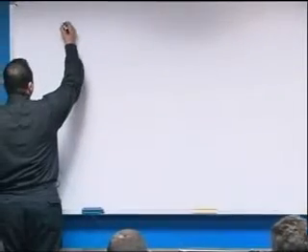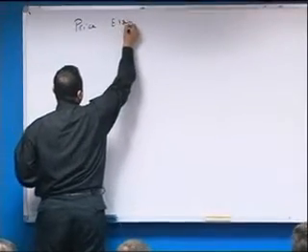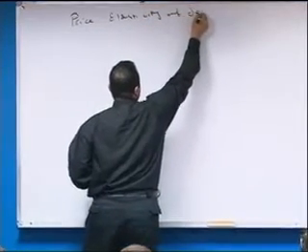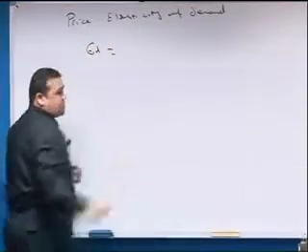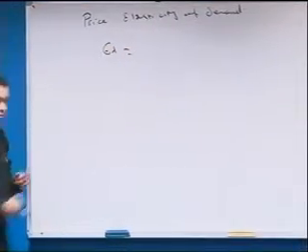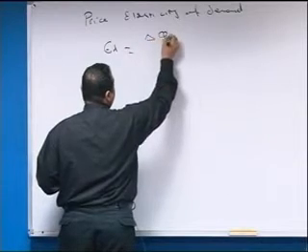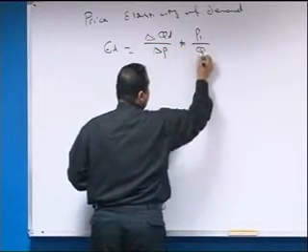As you know, the price elasticity of demand, ED, equals delta Q, the change in quantity demanded, over delta P, times P1 over QD1.